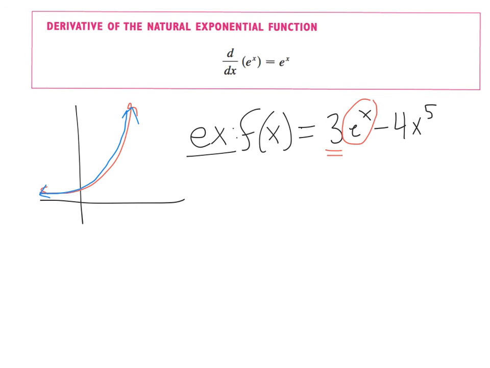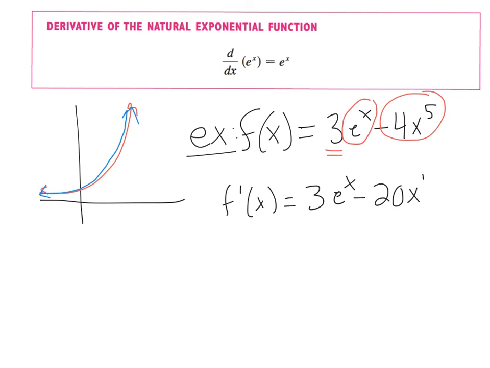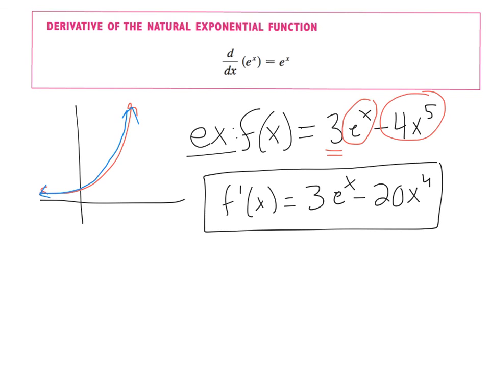So our derivative will be 3e to the x from that first term, and by the power rule in the second term, bringing that 5 down in front, it becomes negative 20x to one less power, which is to the fourth. So here's our derivative of that function.